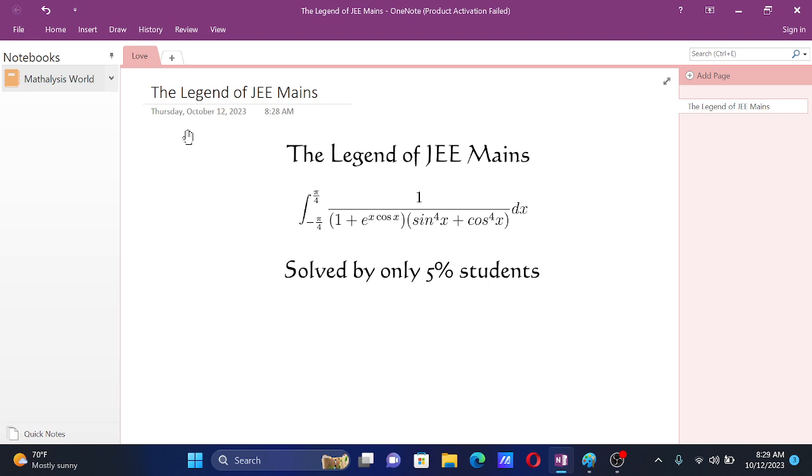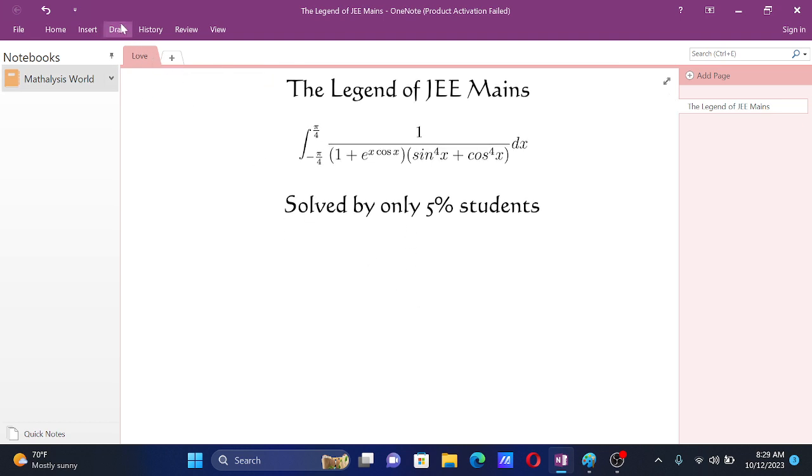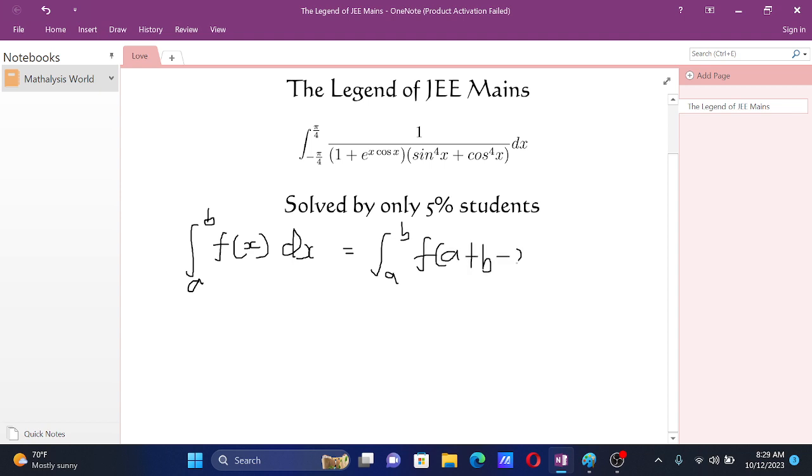Firstly, if you don't know what King's rule is, let me show you over here. So if we have this integral from a to b of f of x dx, this integral is equals to integral from a to b f of a plus b minus x dx.